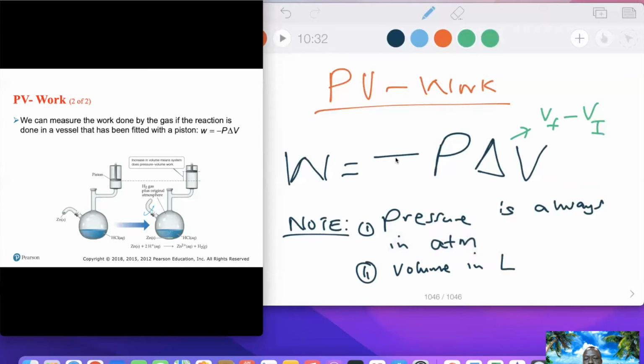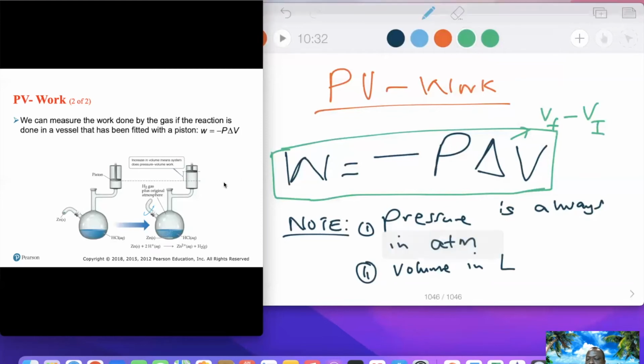Work is being done on the system. Remember the sign convention, and don't go wrong with that. This is the equation you need to remember how to use in order to calculate the work done.